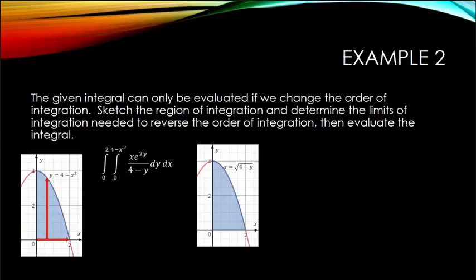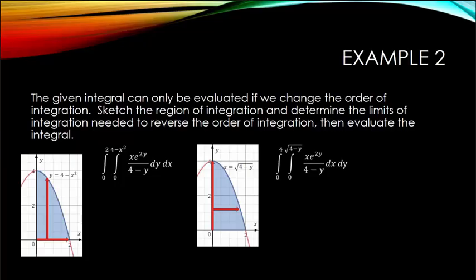My function becomes x is equal to the square root of 4 minus y. Notice I choose the positive square root here because this is the positive portion of my graph. I'm going to now integrate from 0 to the square root of 4 minus y in x, and then integrate from 0 to 4 in y.